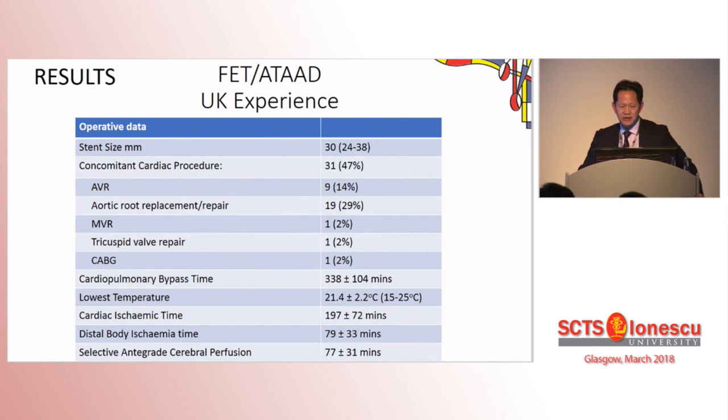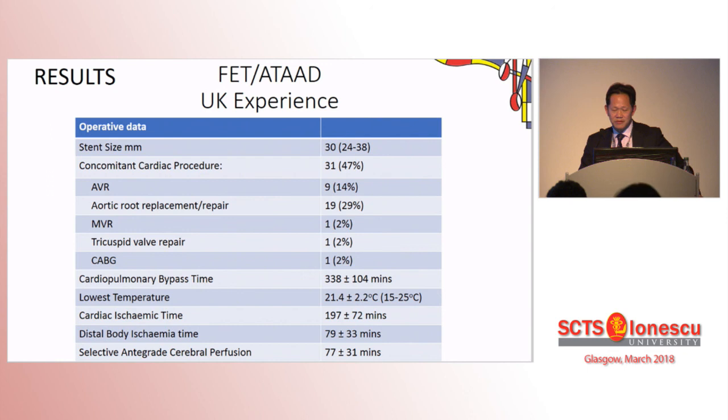The stent comes in available sizes from 24 to 40. Because of the dissection, we tend to size to the size of the aorta rather than oversize by 15 to 20%, which is what we would do in aneurysm patients.